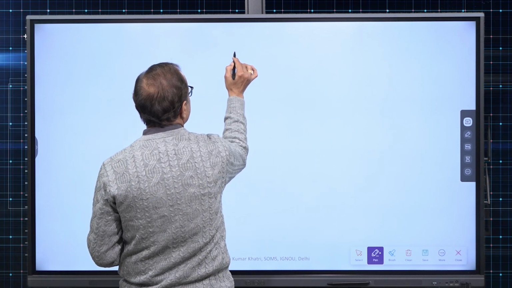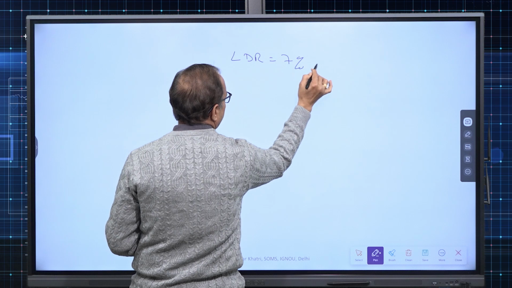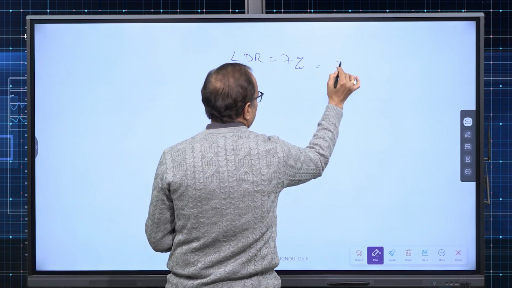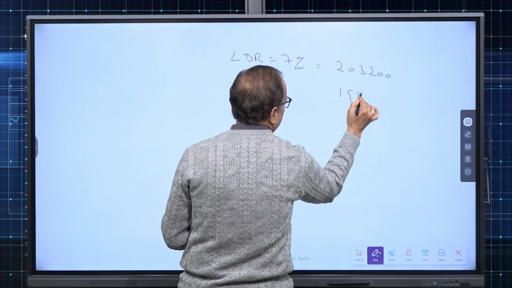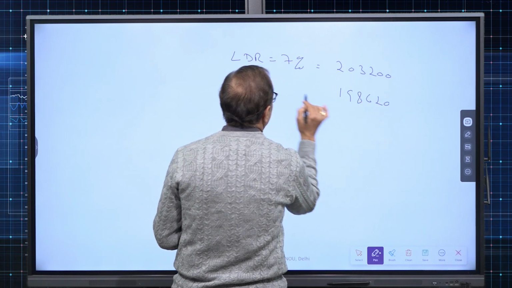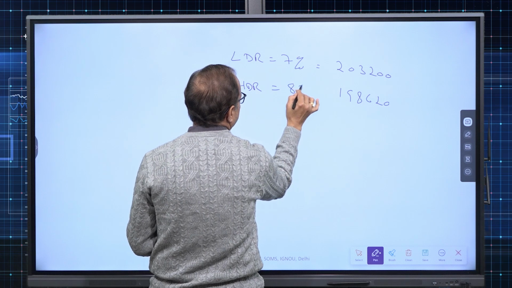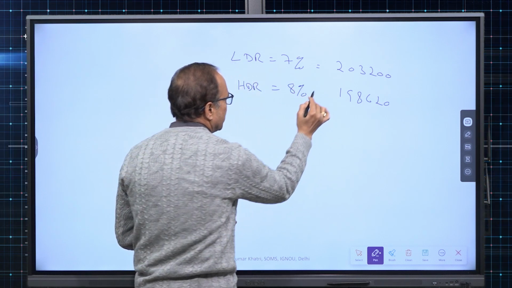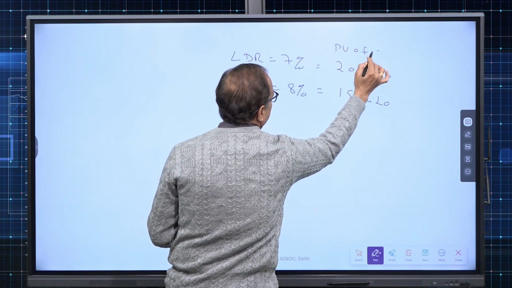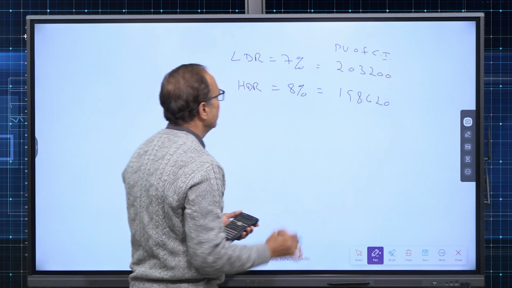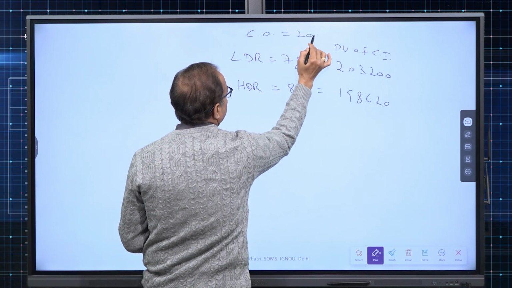So, we had two rates, lower discount rate was 7%, and higher discount rate was 8%, and these are the corresponding PV of cash inflow, and our target is cash outflow, which is 2 lakh.